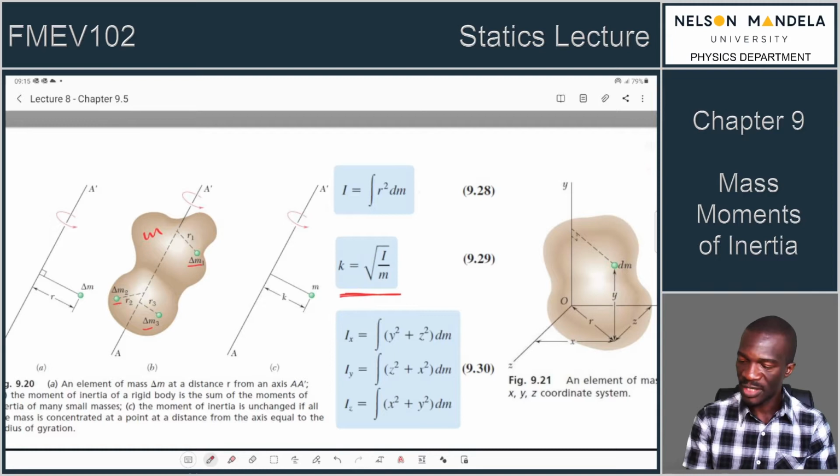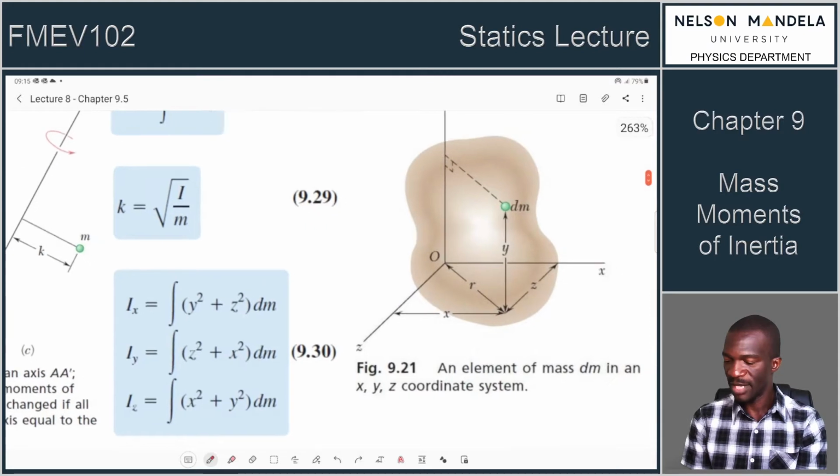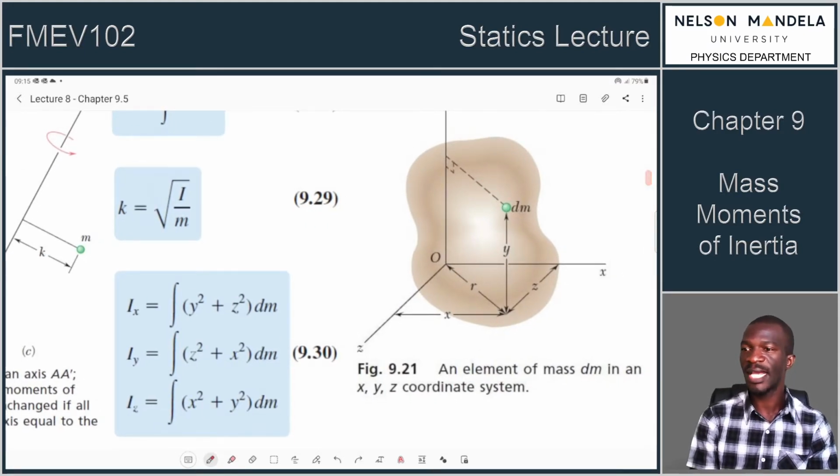So our moment of inertia, I, is equal to the integral of r squared dm, and our radius of gyration is still given as before. Now, remember that we are in 3 dimensions this time because we're looking at some mass.